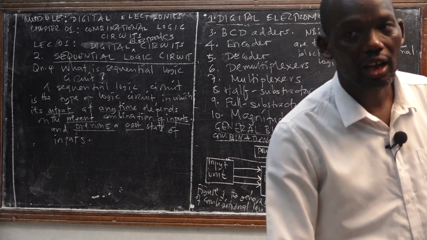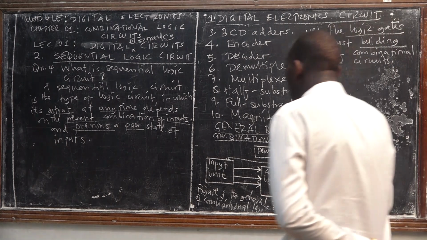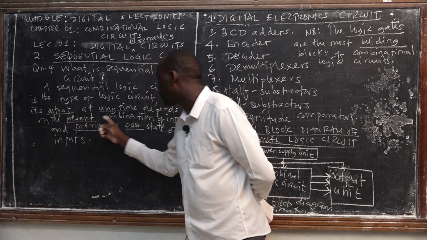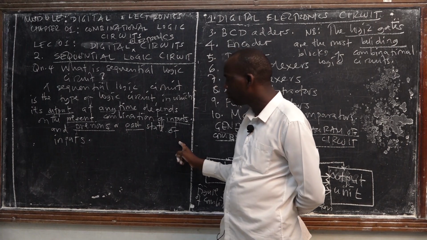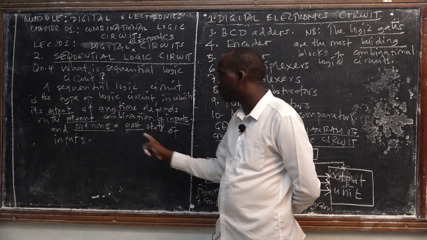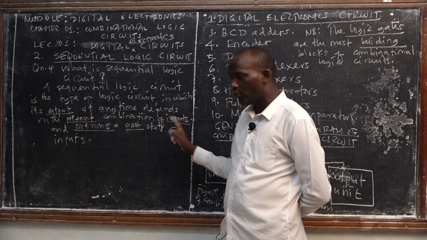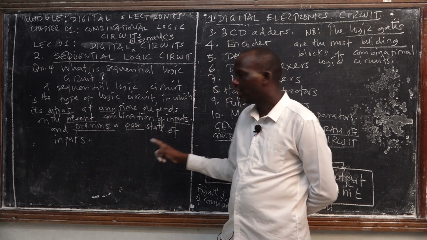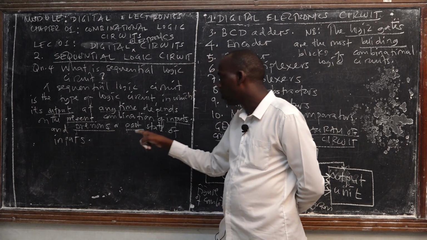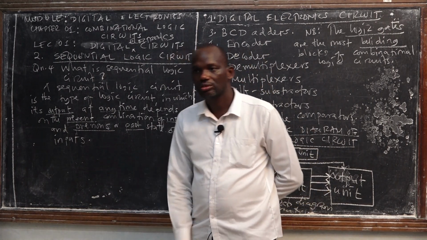Are we together? Yes, sir. For combinational, the output depends only on the present combinations of the inputs, without dependence on the previous or past state. For sequential, it depends on both the present combinations of the inputs and the previous or past states of the inputs.